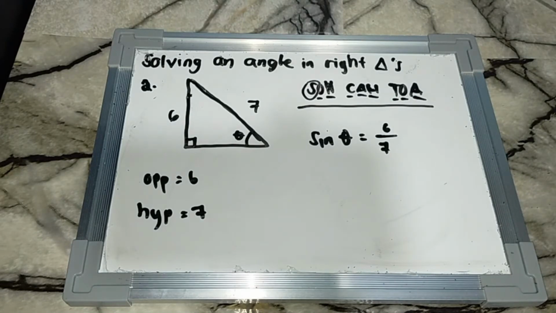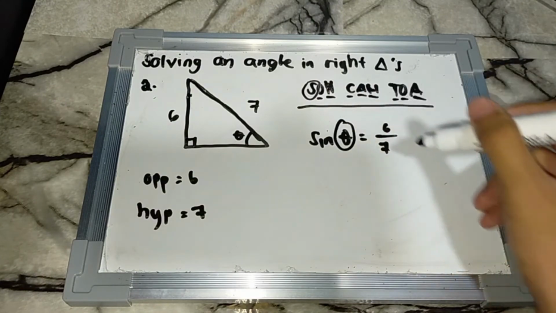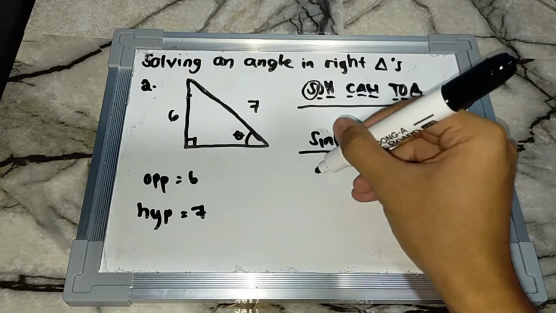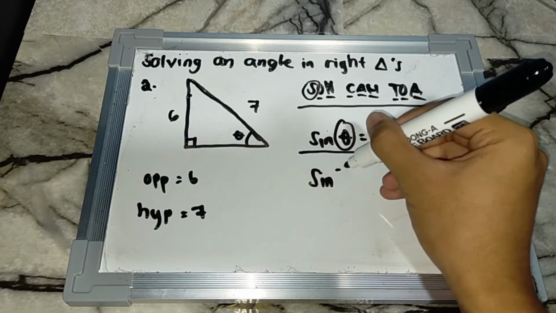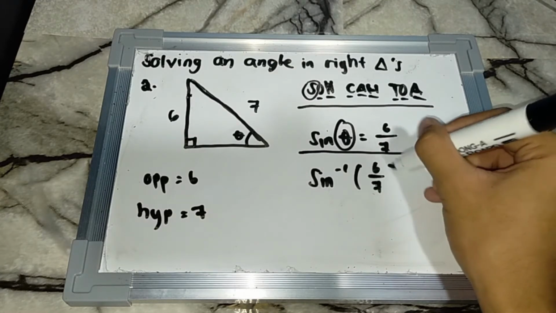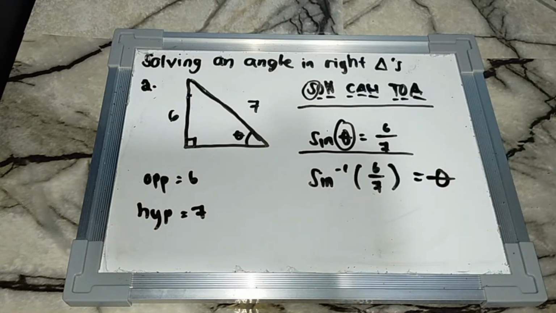So how are we going to find the value of the angle? In order to get the value of theta, we are going to use the inverse of trigonometric functions. So when we write it on a calculator, it should look like this: sine inverse of 6 over 7 is equal to theta.